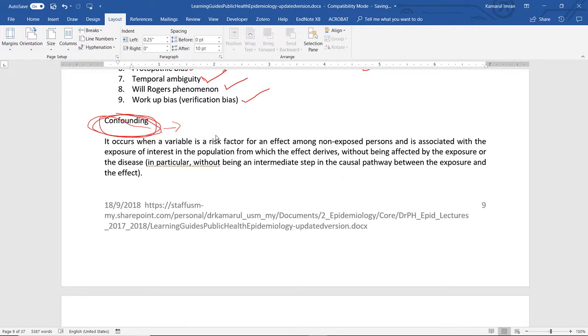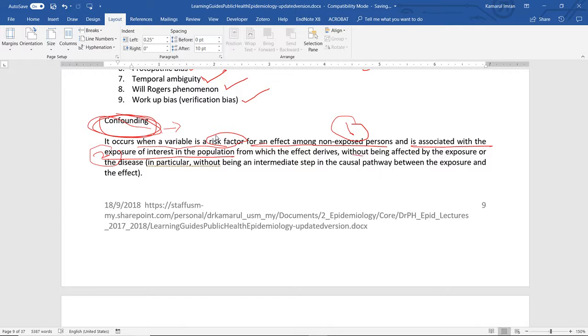But briefly, this occurs when a variable, number one, is a risk factor for an effect among the non-exposed. Number two, at the same time, it is associated with the exposure of interest in the population.